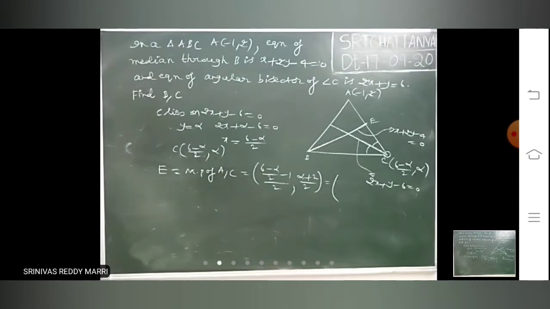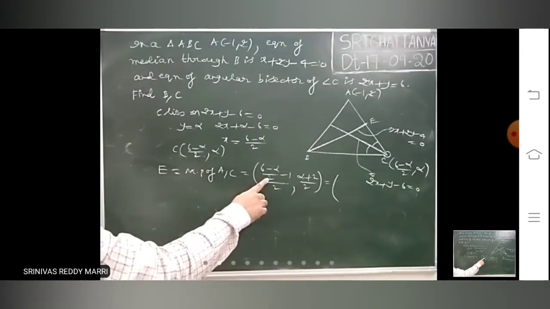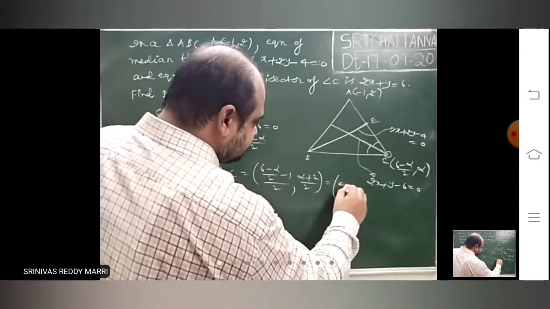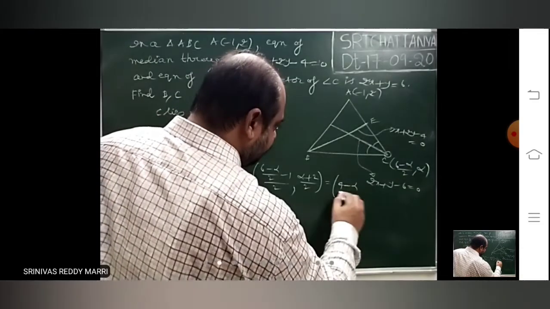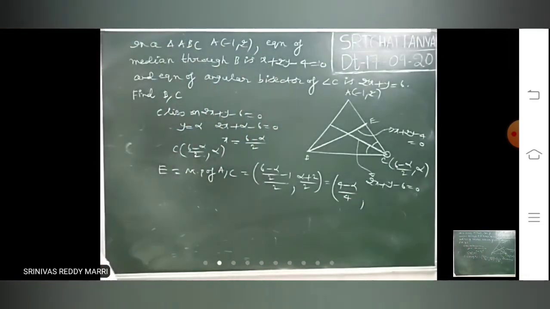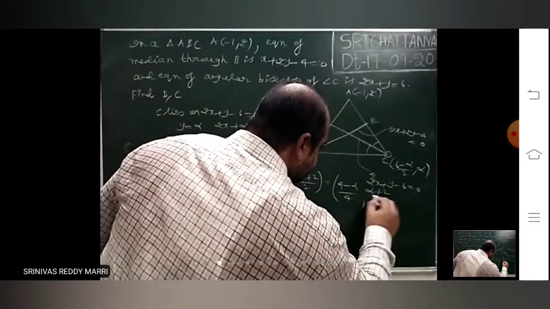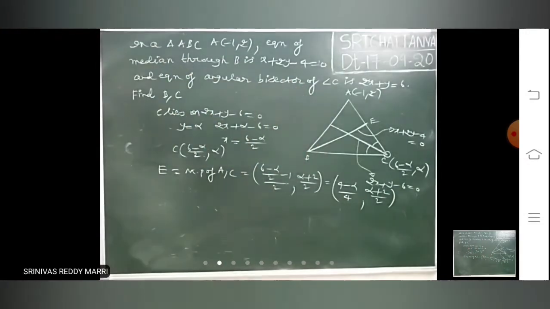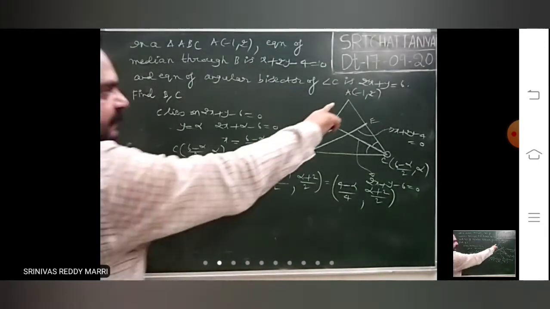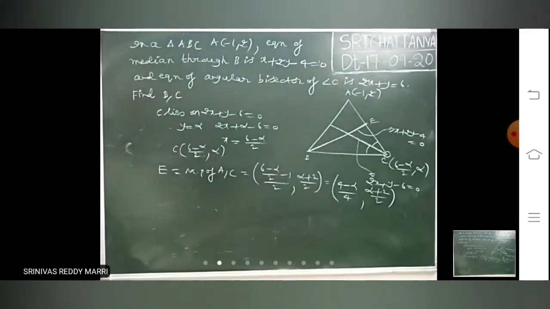Therefore, if you take the LCM, you will get (4 minus alpha) divided by 4 comma (alpha plus 2) by 2. E is nothing but the midpoint of A and C. So this is the point.